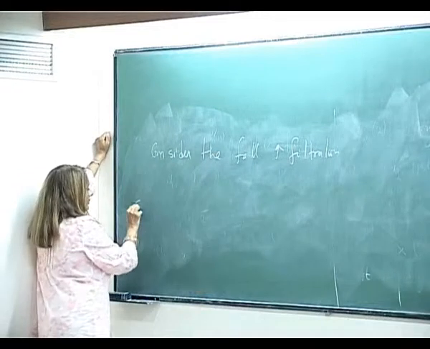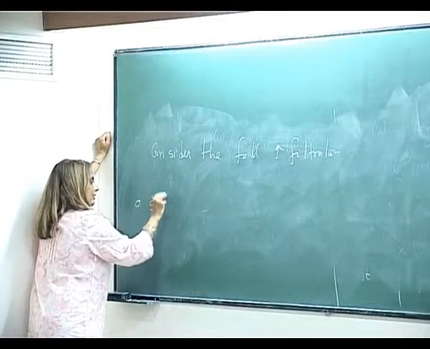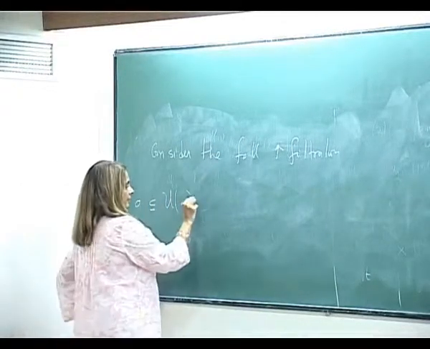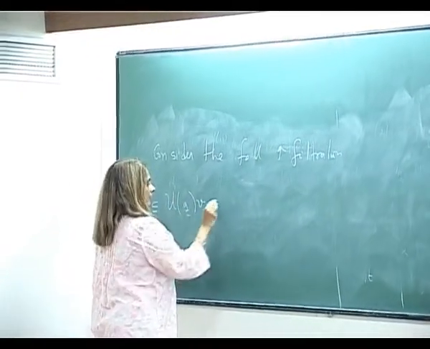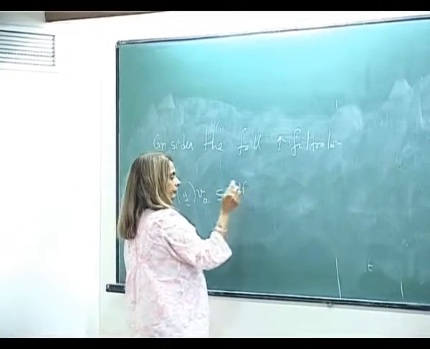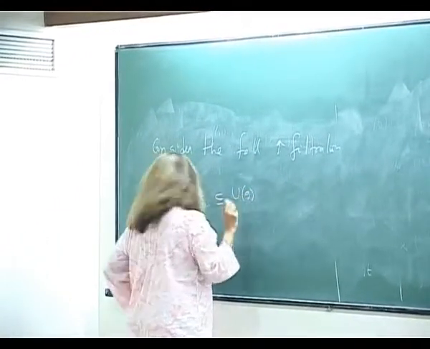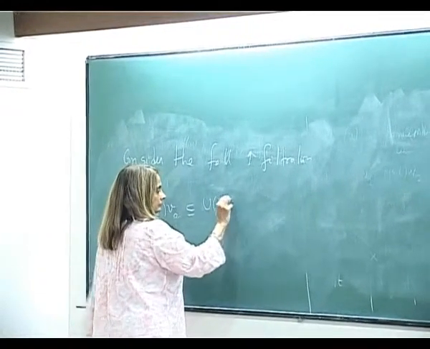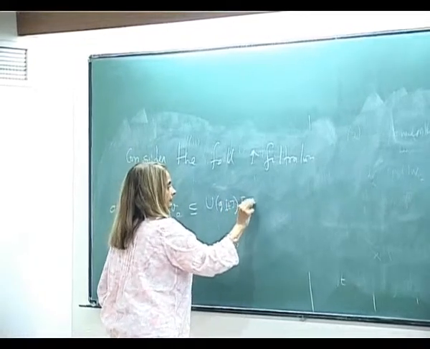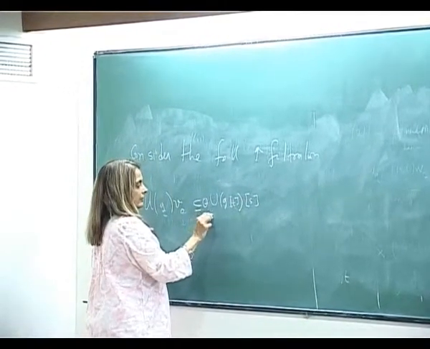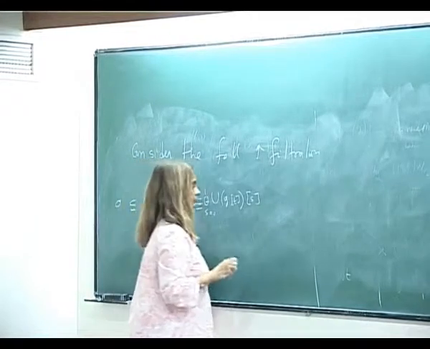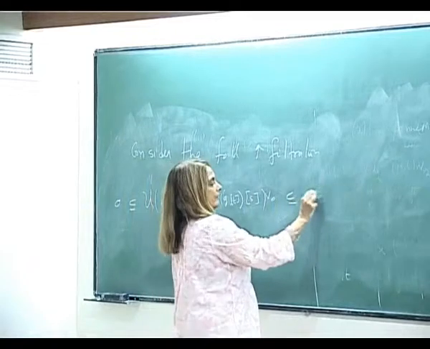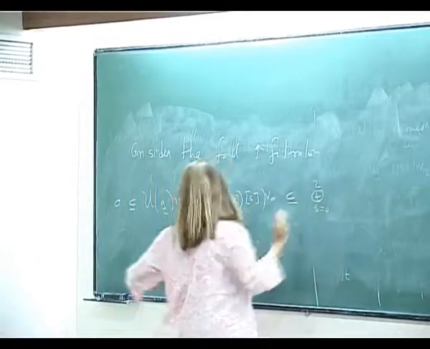You start with 0 contained in U(g) v0, contained in U(g) ⊕ U(g_t)_s, s equal to 0 to 1, v0, and you can imagine what the next one will be, s equal to 0 to 2.